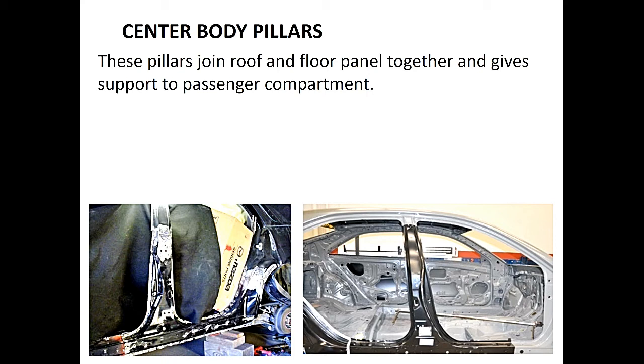These pillars join roof and floor panel together and give support to the passenger compartment. It is generally made of very robust and hard material so that it can support the roof of the vehicle.